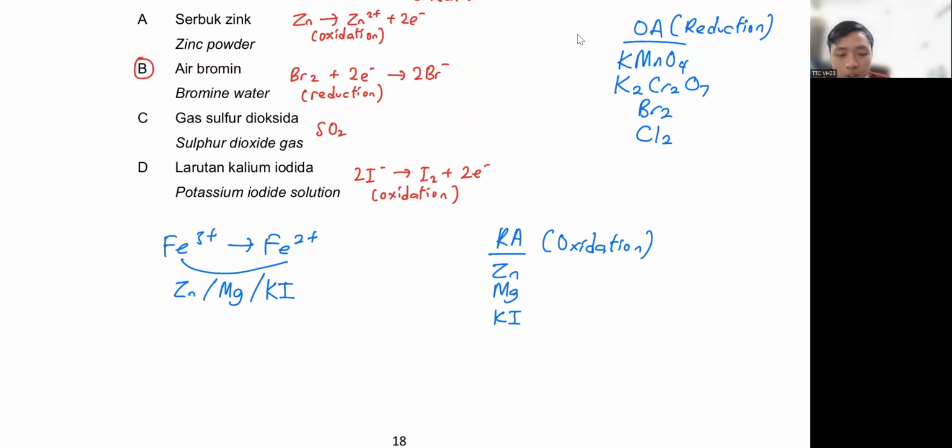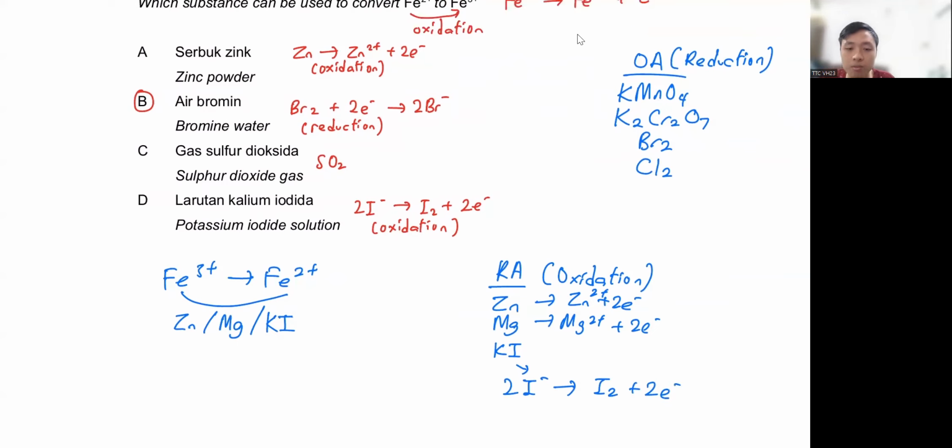Zn can donate electrons and become Zn2 plus. Same thing for Mg. For KI, the I minus becomes I2 and donates electrons.